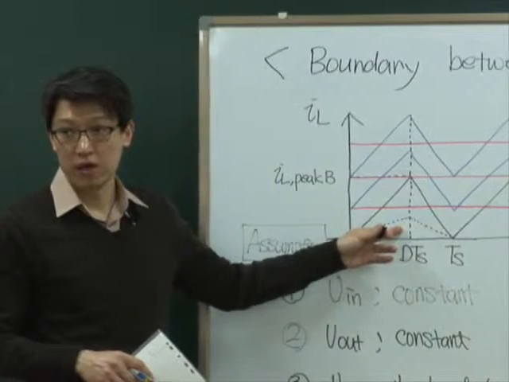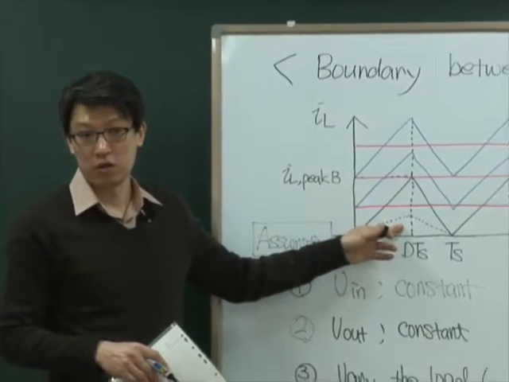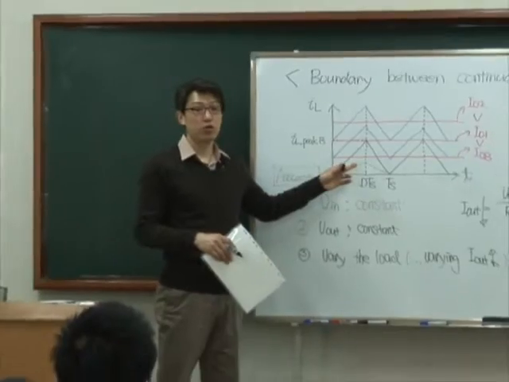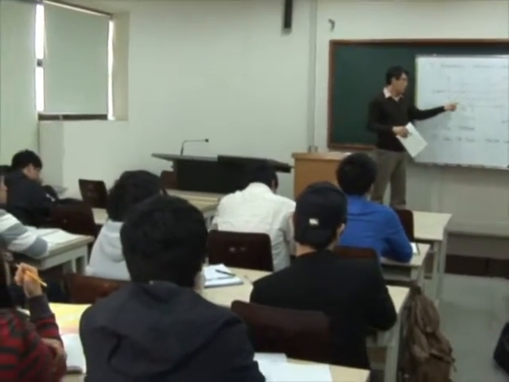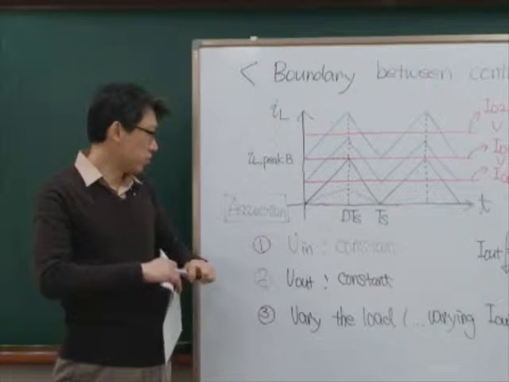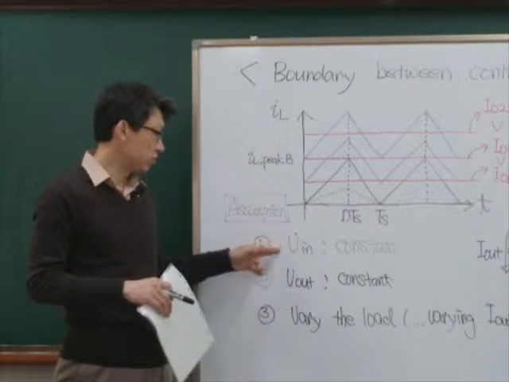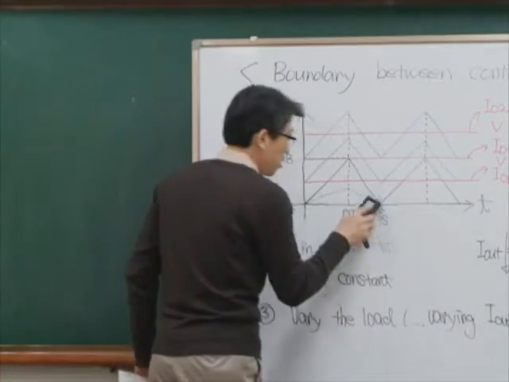Why? 그렇지. 지금 학생이 슬롭이 일정해야 된다고 얘기했습니다. 근데 슬롭이 변했죠. 슬롭이 변한다는 얘기는 우리 가정에 위배되는 거죠. 인풋과 아웃풋. 그러니까 이런 거는 지금 성립이 될 수가 없어요.